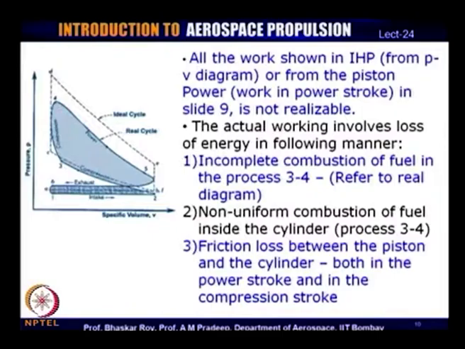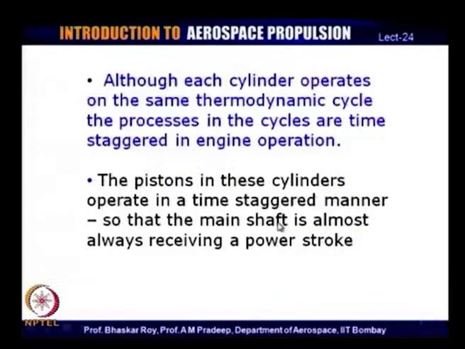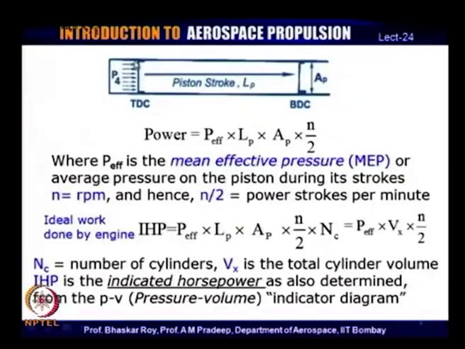Apart from the incomplete combustion, the combustion within the piston engine, if we have a quick look at the volume that is created here at the end of TDC, this is the volume in which the combustion is to be done.